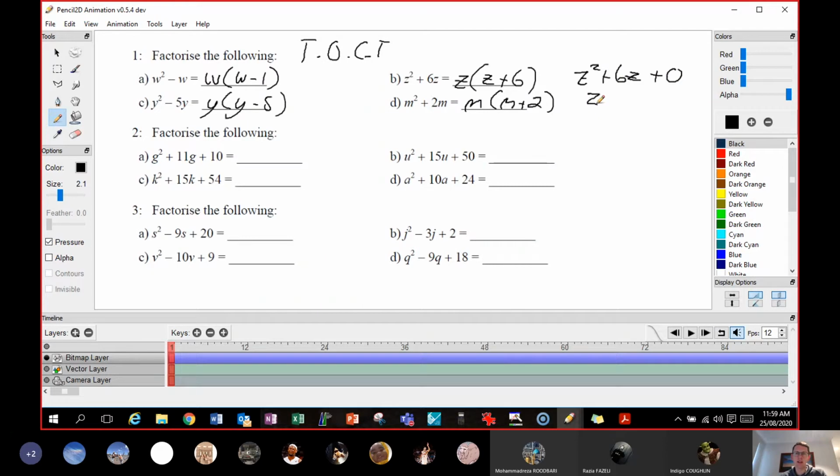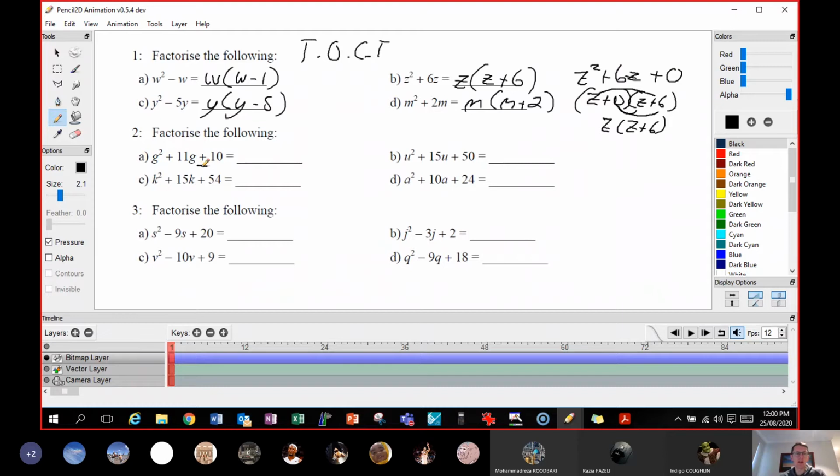Well, that's going to have to be z plus 0 and z plus 6, because this multiplies to give you 0, but it adds together to give you 6z. So that would just simplify to z plus 6. That's another way you can look at it as well, if you wanted, with the previous thinking.